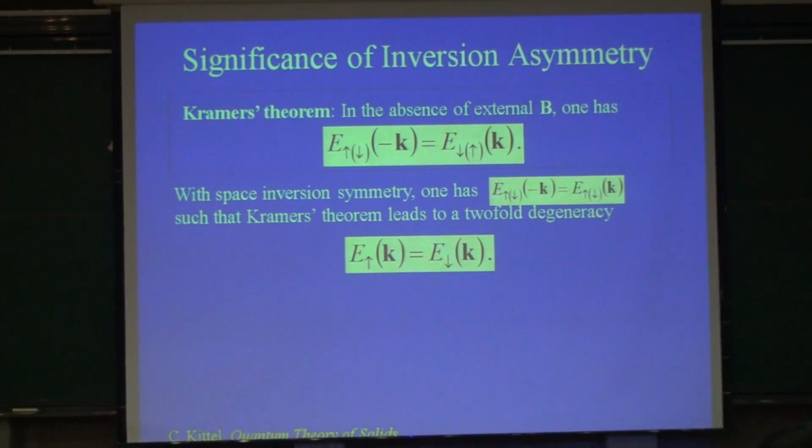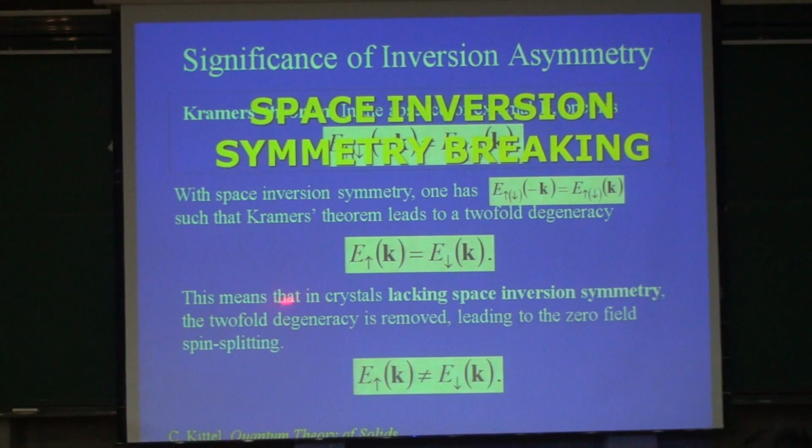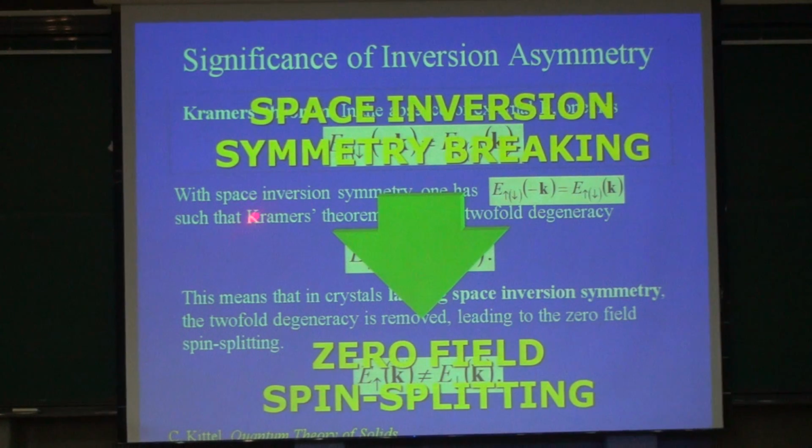The Kramers theorem also implies that if your crystal doesn't have space inversion symmetry, you don't have this degeneracy, which means you will have zero field spin splitting, and the up electron and down electron energies will be different. So space inversion symmetry breaking will give you a zero field spin splitting.